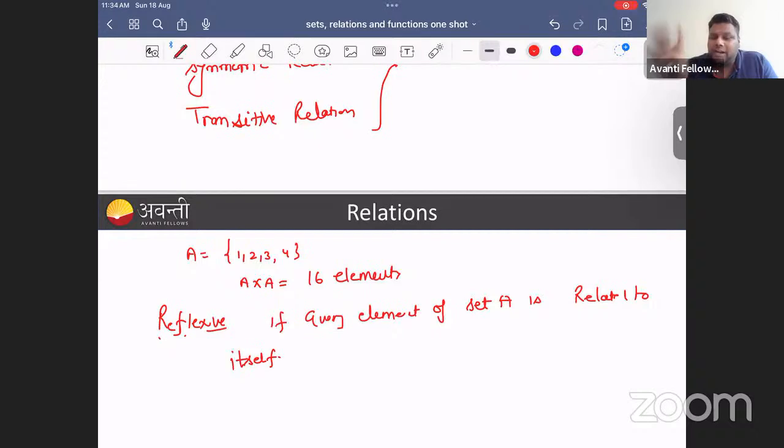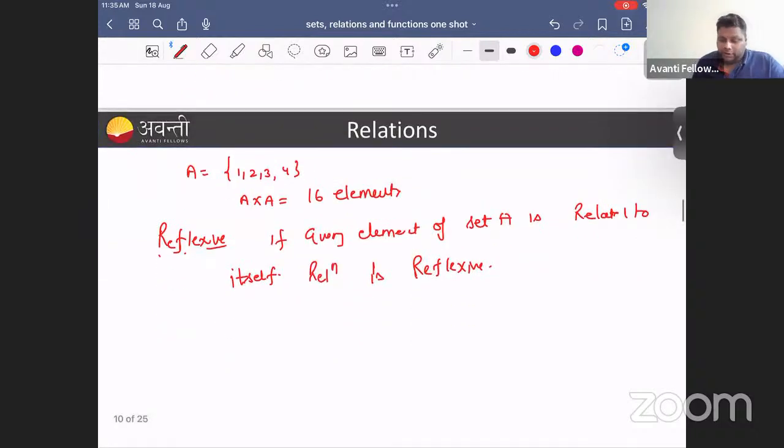If all these four elements are there in the relation, we call that relation reflexive relation. If any one of them is missing, the relation is not reflexive. Got it? So if 1,1; 2,2; 3,3; 4,4 are present there in the relation, it will be reflexive. So if every element of set A is related to itself, a relation is reflexive.